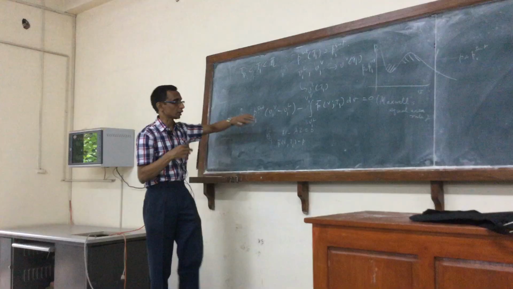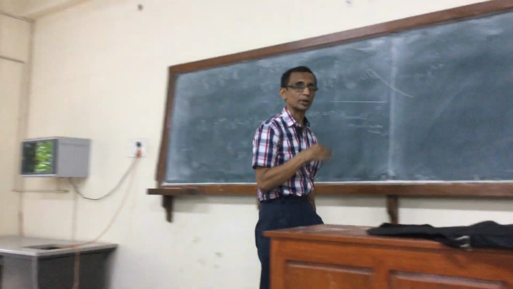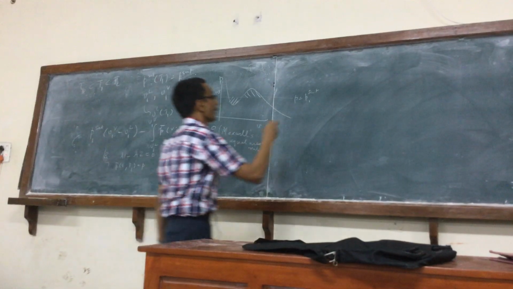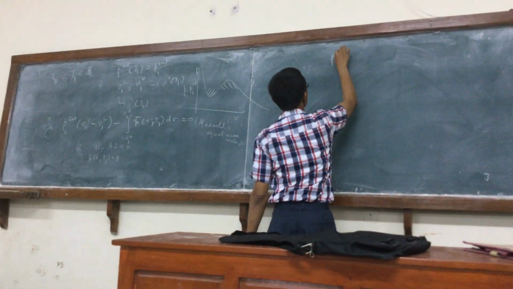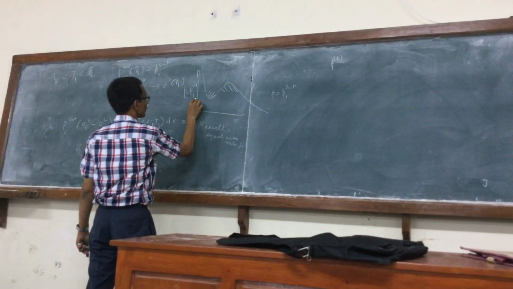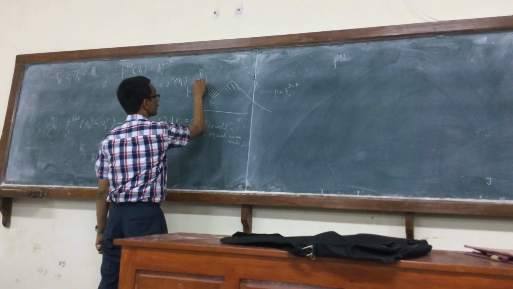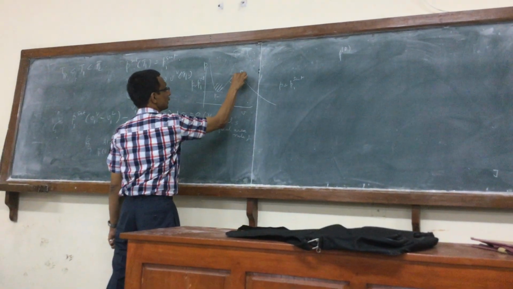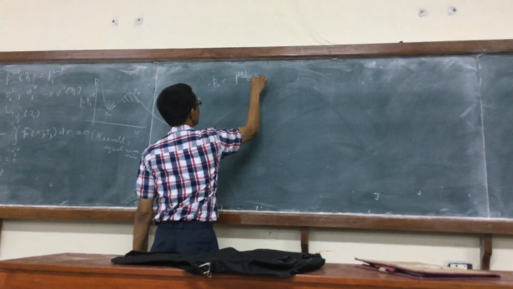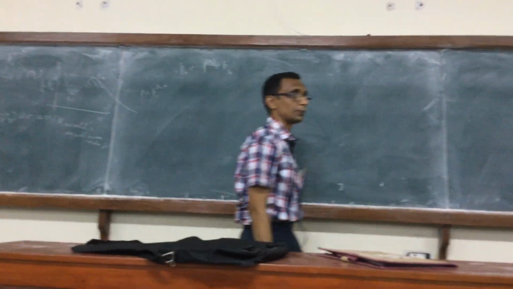Because we also saw, depending on A1 minus A2, suppose I start with a value P0, that's the initial guess. I'll call this PA, and this will be PB.